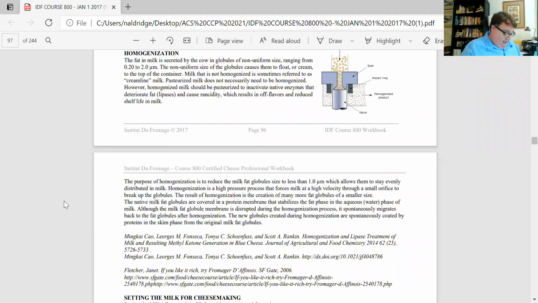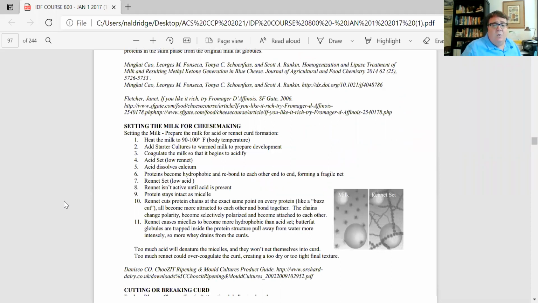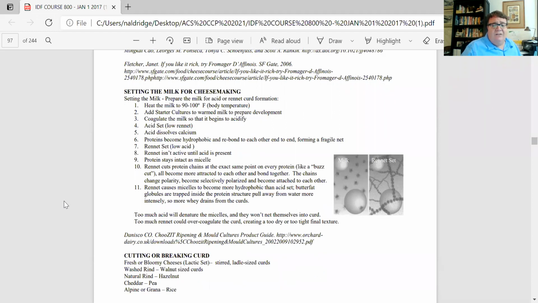All righty, and continuing on 97. Setting the milk for cheese making. This is good to know. I would just know that there's rennet set versus acid set. That's probably your biggest one. Know that you don't necessarily have to have rennet to have an acid set cheese, but what is an acid set cheese? I would know that.